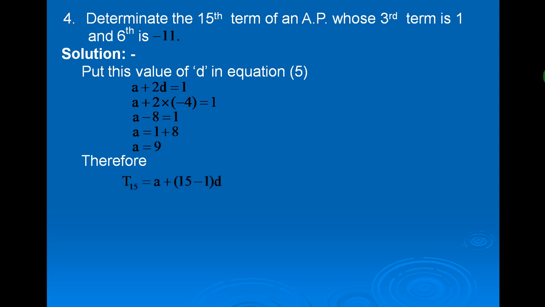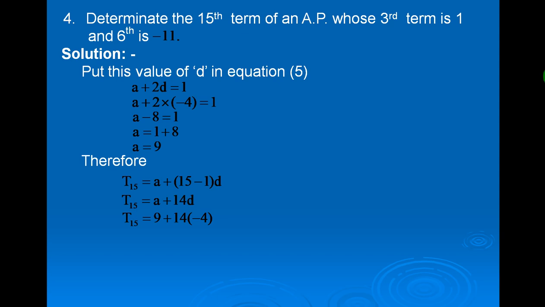Therefore, T15 that we have to find is equal to a plus 15 minus 1 into d. 15 minus 1 becomes 14. So T15 is equal to a plus 14d. a is equal to 9 and d is equal to minus 4.